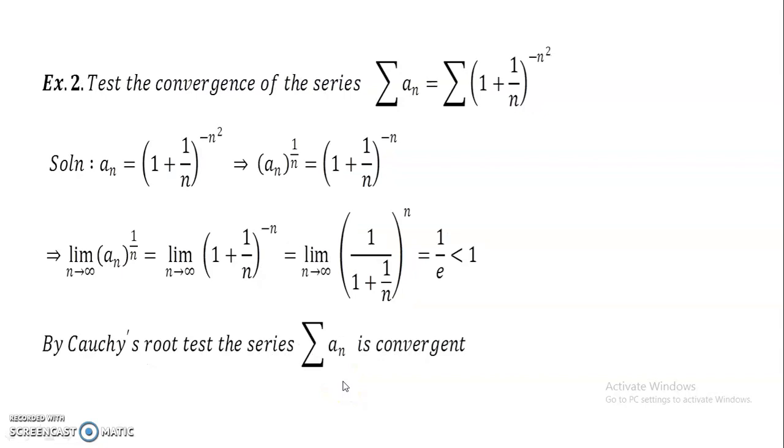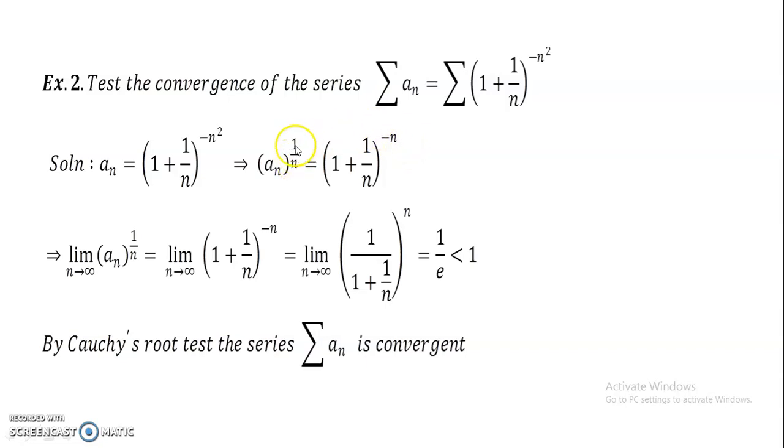In the second example, again we have a series which contains the power minus n square, 1 plus 1 by n power minus n square. Here also this root test is applicable for this problem. You take a_n here, and then again you can multiply the power by 1 by n, so that n gets cancelled.